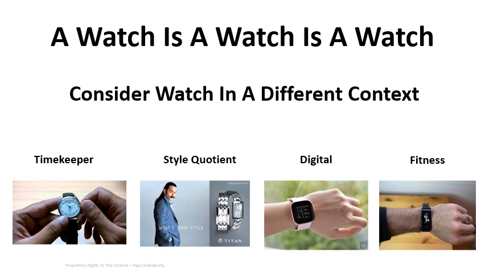And this is how you can change the context of a category in a consumer's life, but this can never come from the consumer. It can only come from the creator, but of course you can take it to the consumer to see whether this idea is relevant or not, and then only you launch it. But this is again a great example of how an existing category of watch has evolved just by sheer imagination.